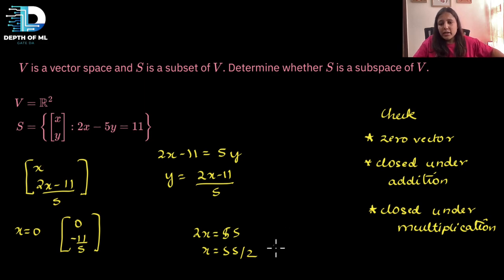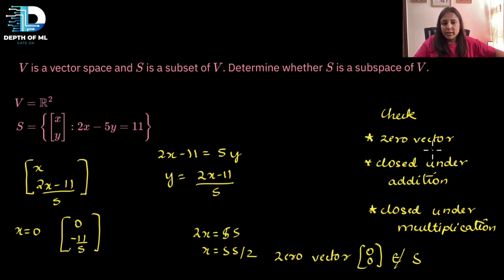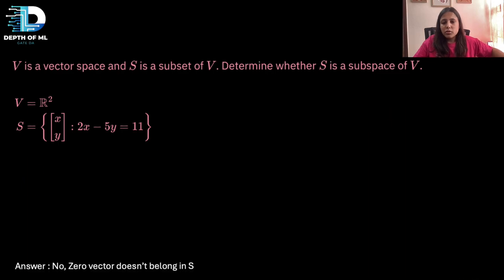So it means that the 0 vector, which is 0, 0, does not belong to S, right? Therefore, it cannot be a subspace. Because the 0 vector does not belong to S, hence this is not a subspace. Fine, so the answer is no, because the 0 vector does not belong in S.